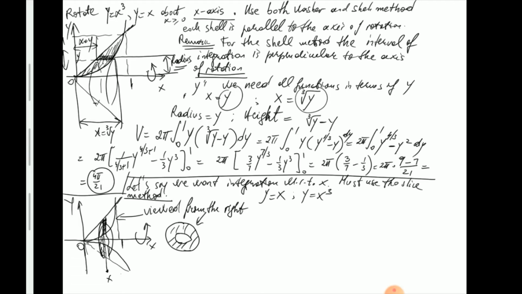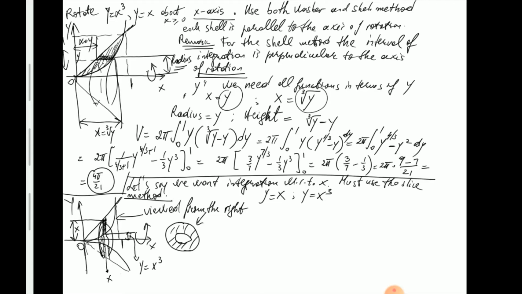The outer radius is the y coordinate in terms of x, coming from the line y equals x. So that's going to be just x. The inner radius corresponding to the hollow part, I made a kind of a mess here, but the inner radius is over here. And that's going to be the y coordinate on the function, which is x cubed.